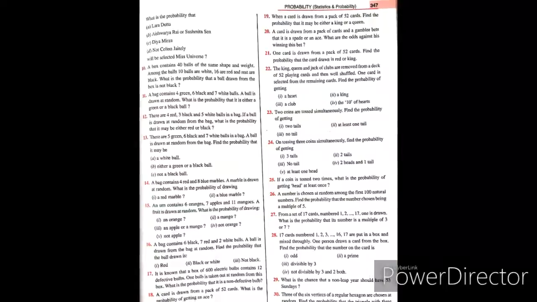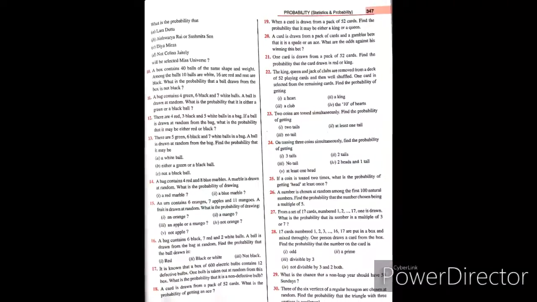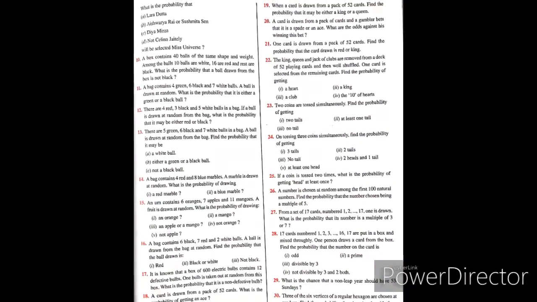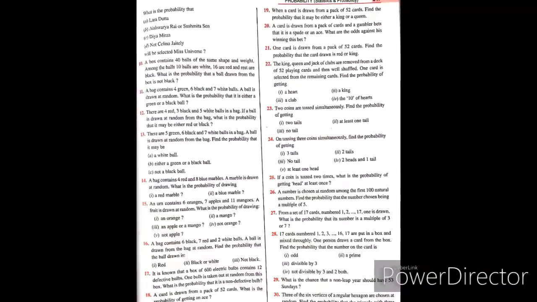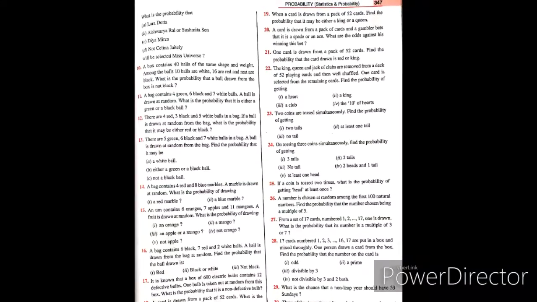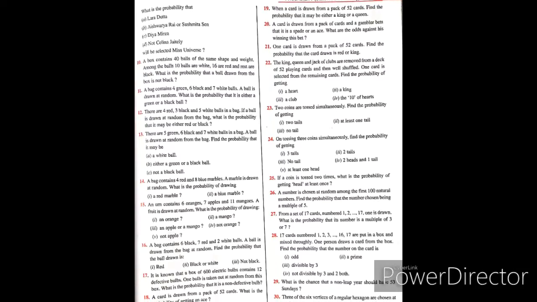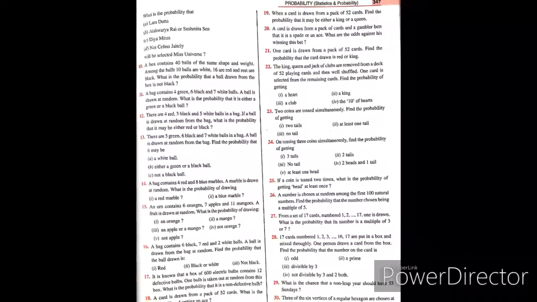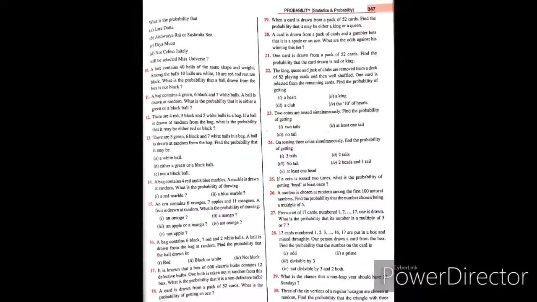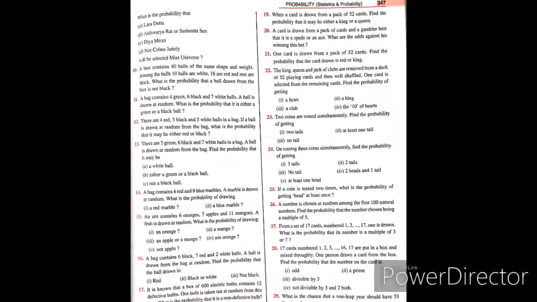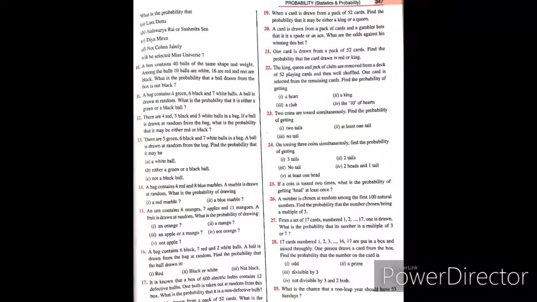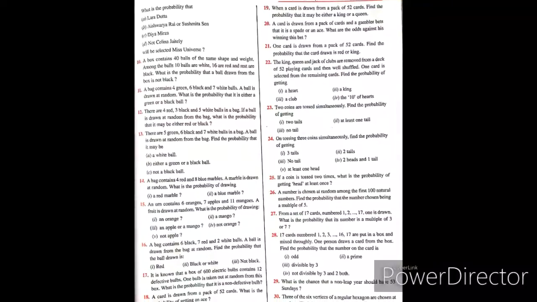Question number 29. What is the chance that a non-leap year should have 53 Sundays? In a non-leap year, we have 52 weeks plus 1 day. So 52 Sundays are already there. For a non-leap year to have 53 Sundays, that one extra day should be a Sunday.